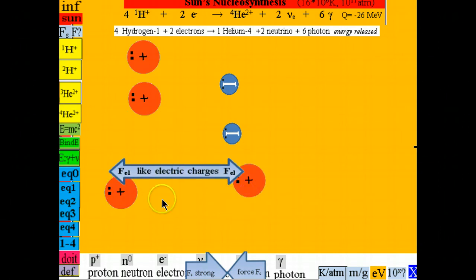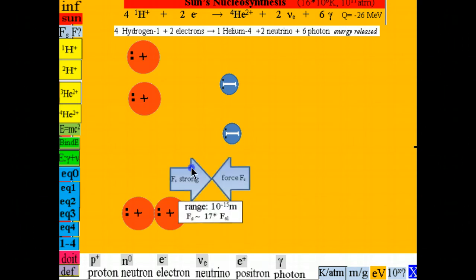For instance, here the electric charges that repel the two protons. But what happens now in the core of the sun at this very high temperature and pressure? The protons are moving very, very fast at very high speed, and they crash into each other. So this high temperature and high pressure overcomes the repelling force of the electric charges.